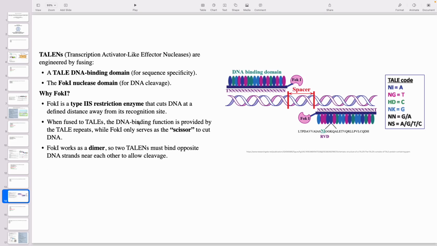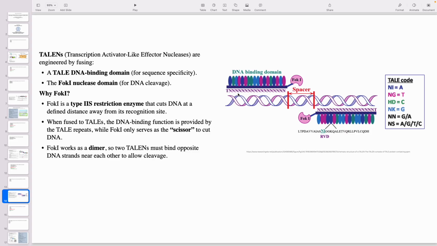So TALENs, which are transcription activator-like effector nucleases, are engineered by fusing the TAL DNA binding domain, which is around 33 to 35 amino acid repeats, and the specificity of these TAL proteins depends on the amino acids present at the 12th and the 13th position.